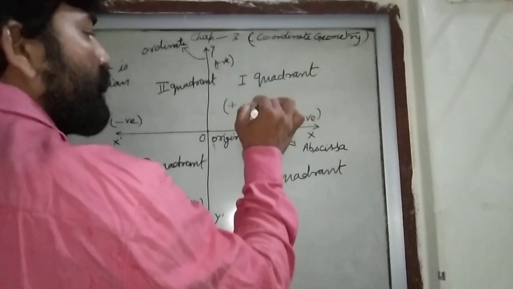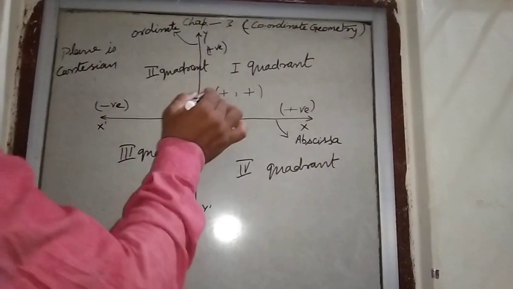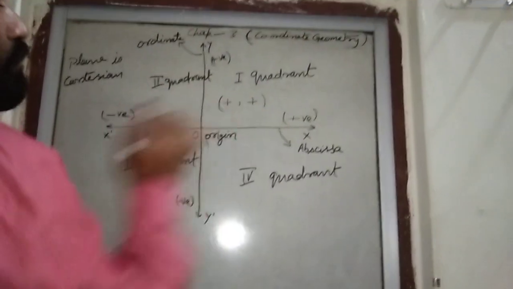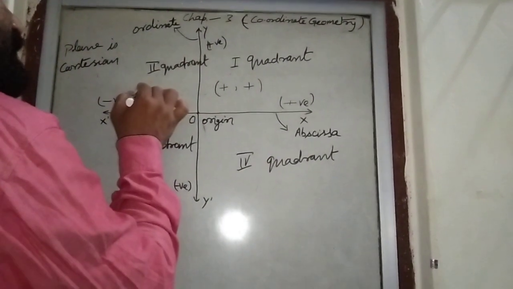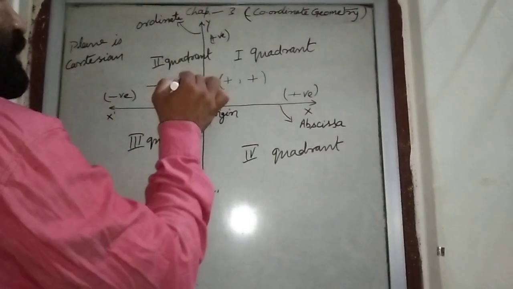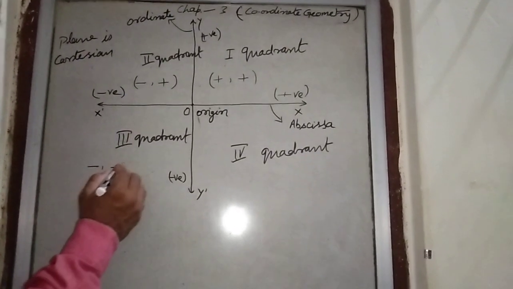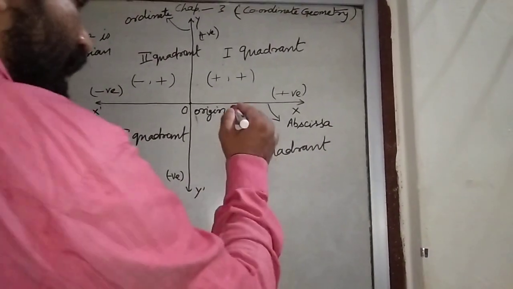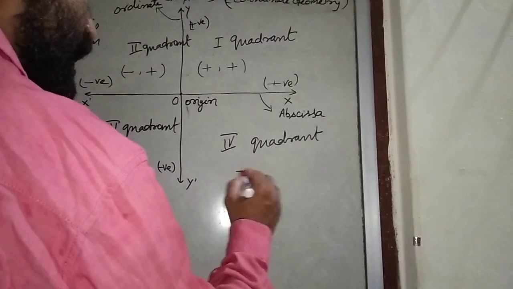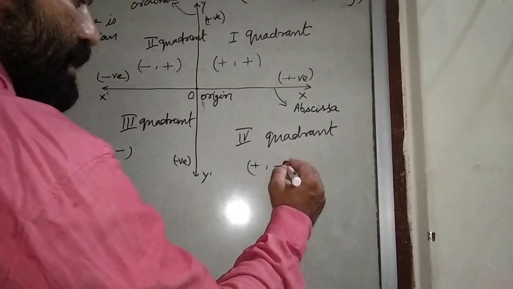That means for the coordinate of any point in the first quadrant both are positive, and in the second quadrant x is negative and y is positive. In the third quadrant both values are negative, and in the fourth quadrant x is positive and the value of y is negative.